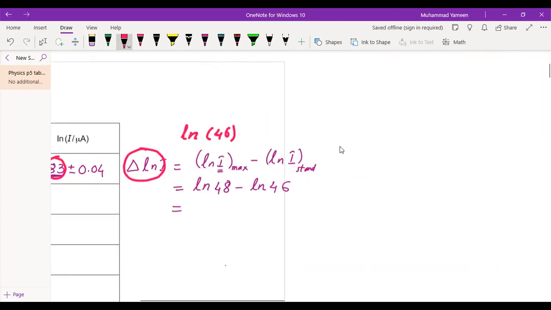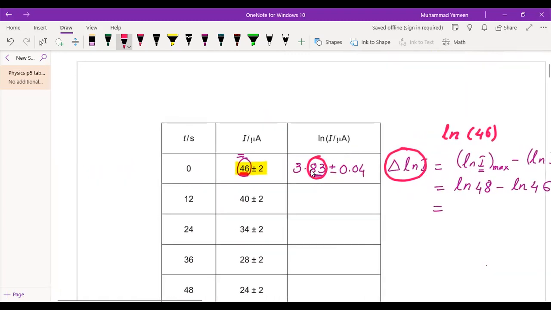So at least the number of decimal places in a number should be equal to the number of significant figures, or you can increase one significant figure. So one extra significant figure is always allowed, but I will recommend you to keep the rule simple. The number of decimal places in the log should be equal to the number of significant figures in the number.